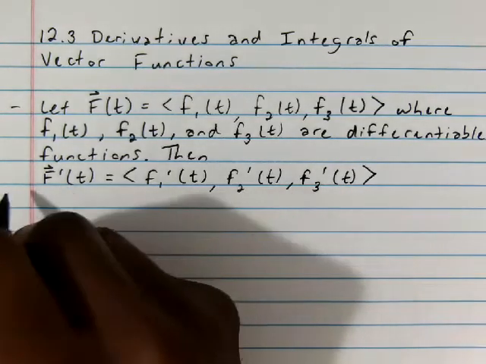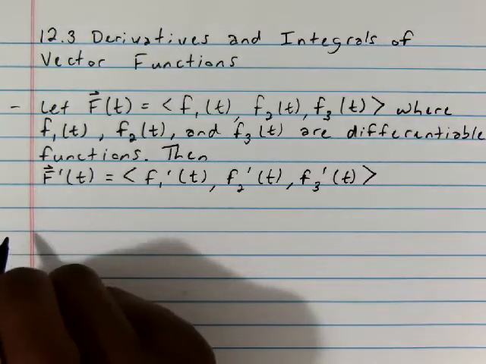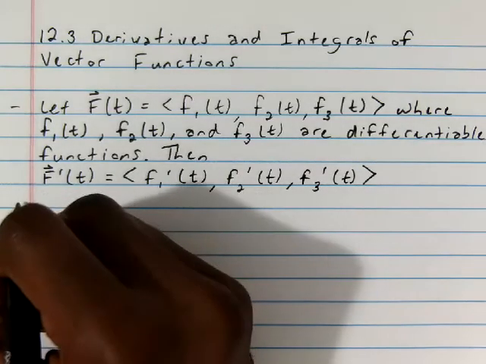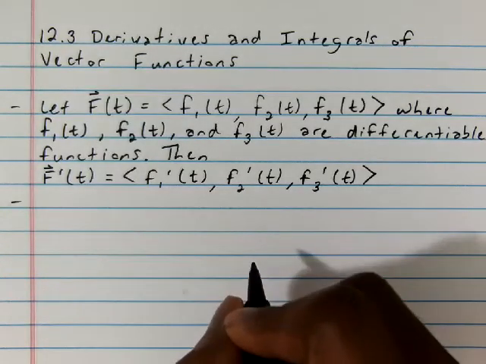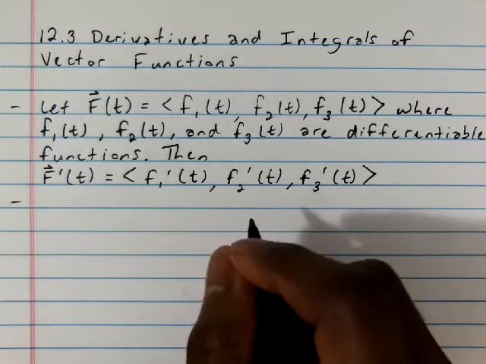And then the derivative rules that you're accustomed to from Calculus 1, there are analogs for those things in Calculus 3. I'm not going to go through and write them all out in the notes, so I'm just going to refer you to the textbook.